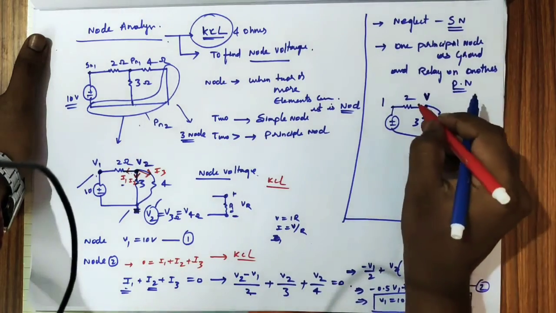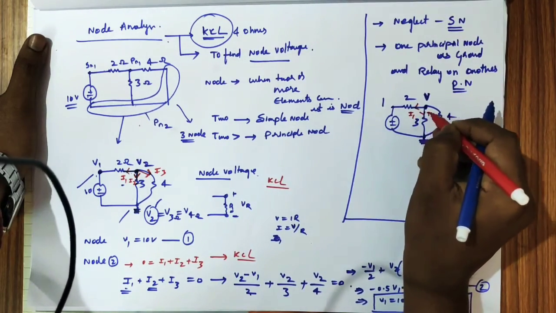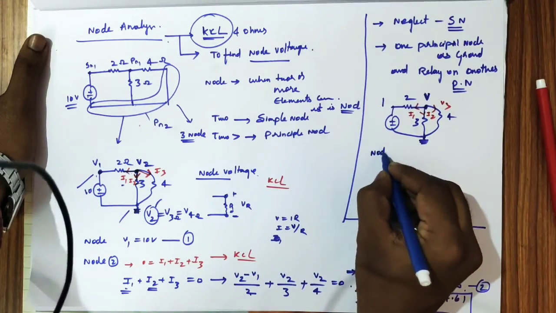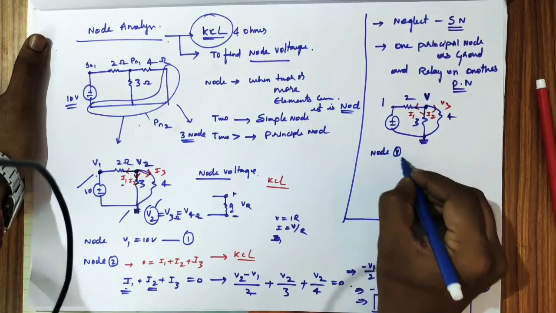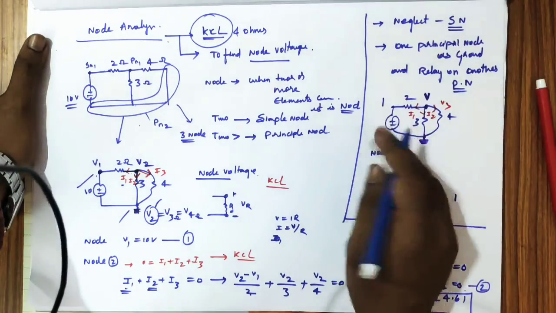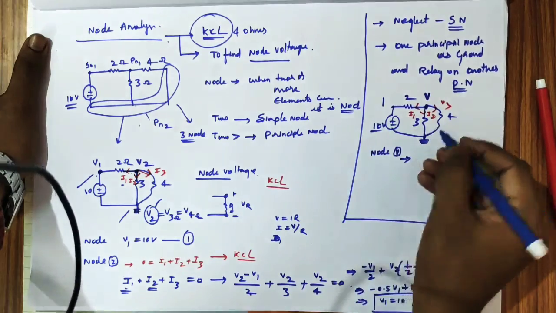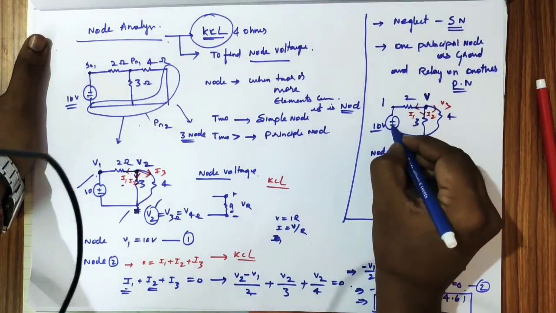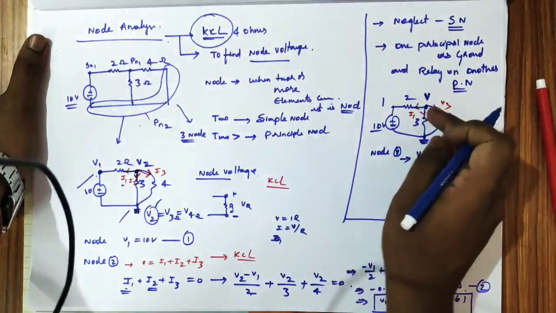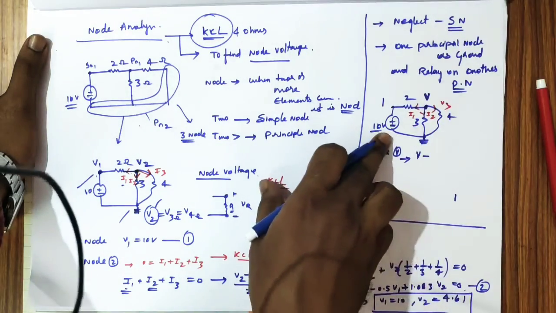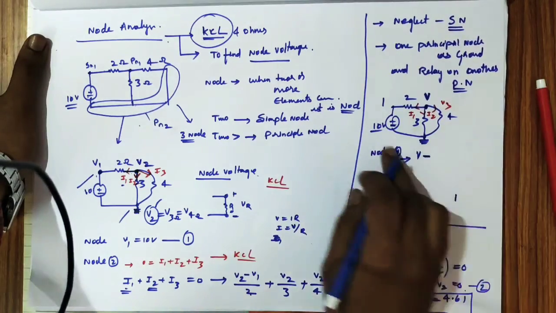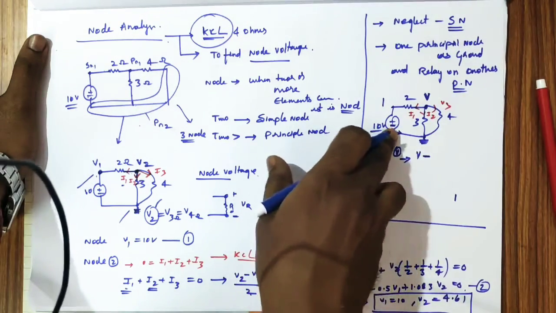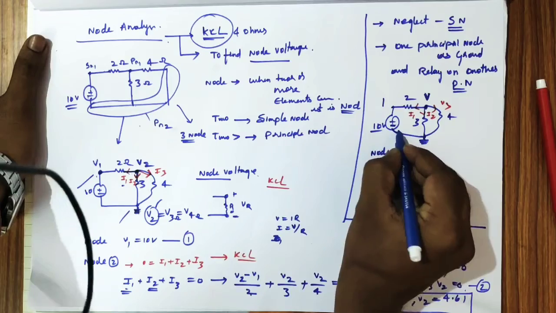Now I assume the currents flowing are I1, I2, I3. The node equation at node V: I1 means V minus, if you flow from here to here, always give the voltage value when the current is leaving.